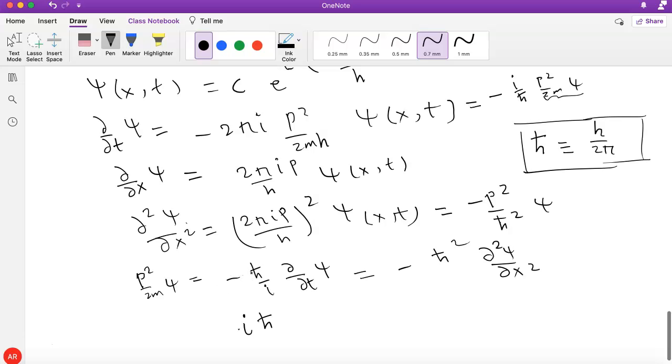So this -1 in the numerator is i squared, and then you divide by that i. The derivative with respect to time of the wave function is, here I have to, of course, divide by 2m, right? This is p squared over 2m. That's just p squared. It is minus h bar squared over 2m, second derivative of the wave function with respect to position.